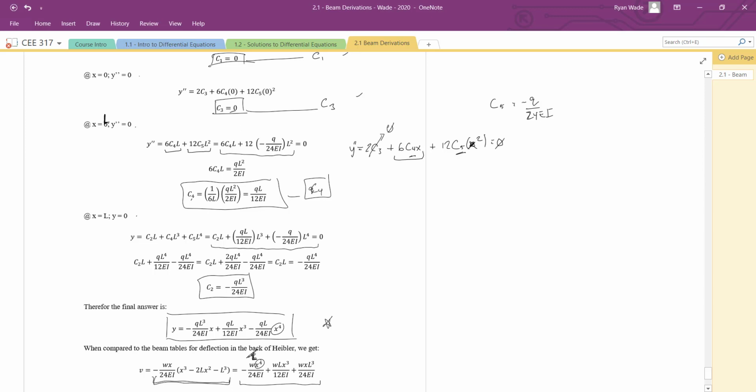Maybe not. Anyway, if you check the terms, it should look exactly the same. So I've got negative qL over 24 EI. Sorry, I made that a mess. Let's do this without making it a mess. So yes, there should be a q term. I just typed in the equation wrong.